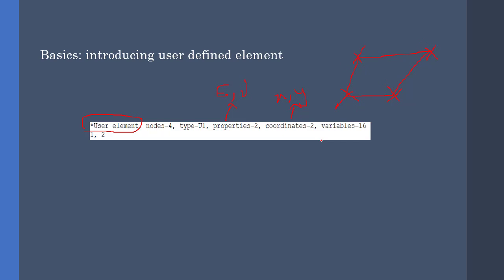Then we are going to see how many variables an element has. For example, in plane stress I'm going to have sigma 1, sigma 2, sigma 3 and tau 1, 2. Sigma 3 is already 0, but we are going to consider it just for validation.